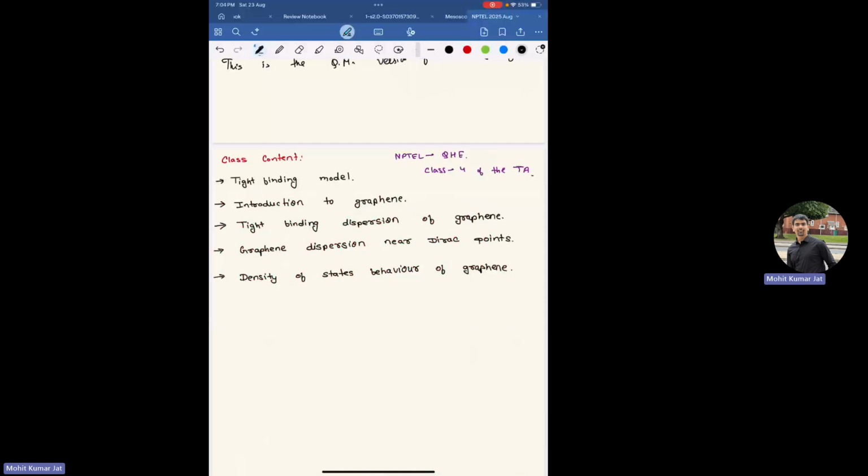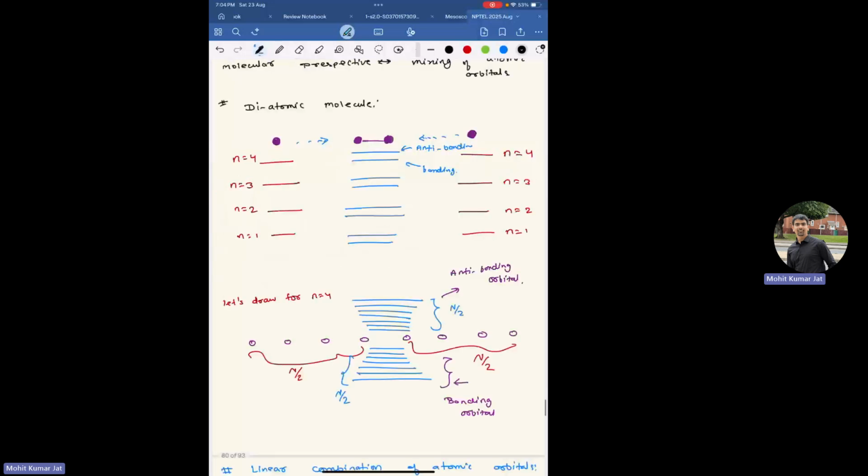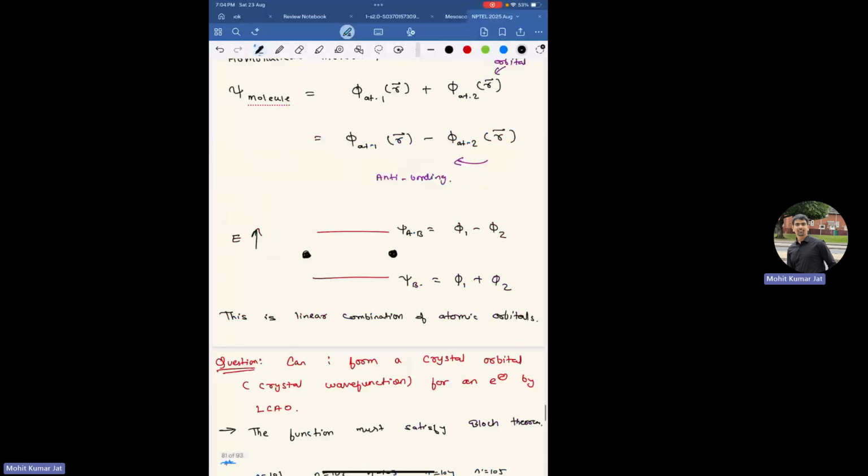I'll tell you very briefly why graphene is important, and why we should pay attention to it. Let me write it here: Introduction to graphene.